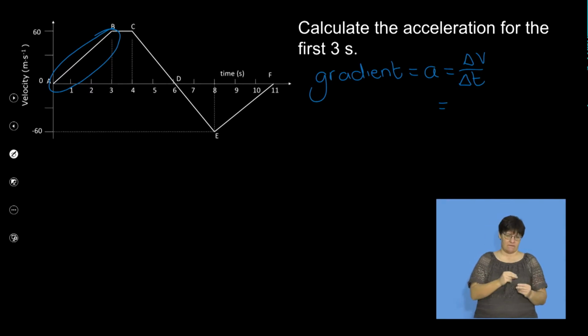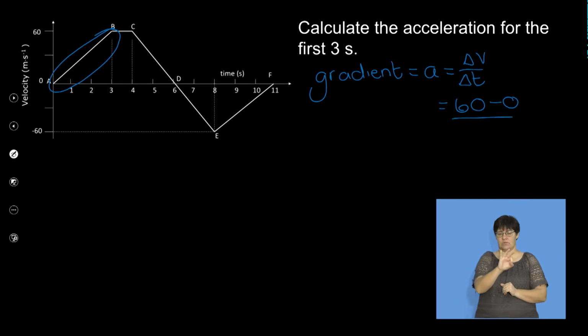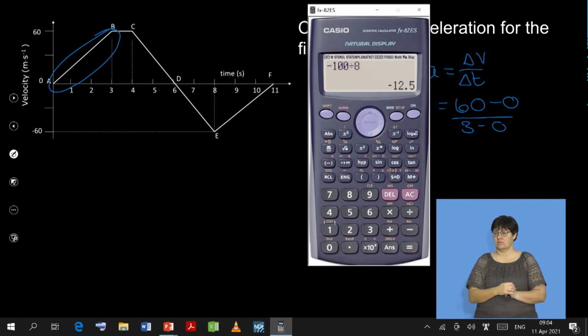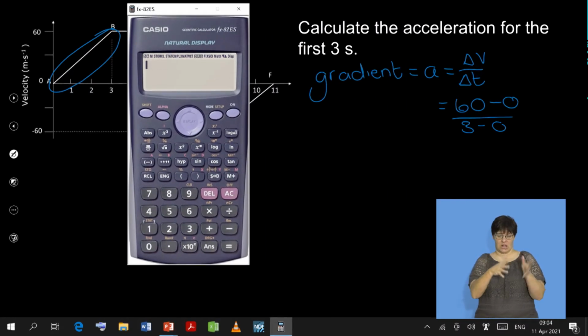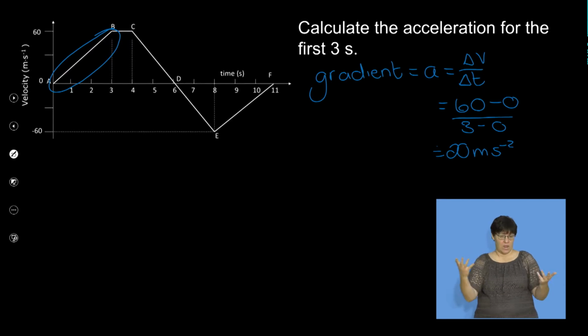So we've got 60 minus 0 and 3 minus 0. And, of course, we use our calculators. 60 divided by 3 is 20 meters per second squared. Okay, and it's north because it's positive.